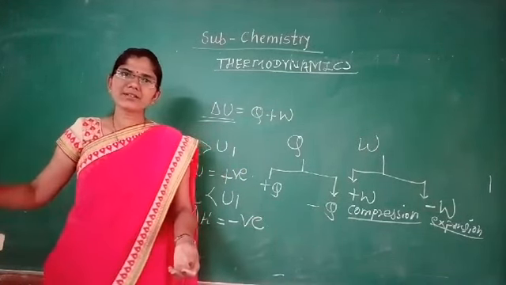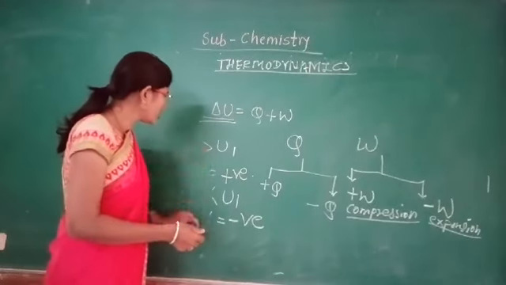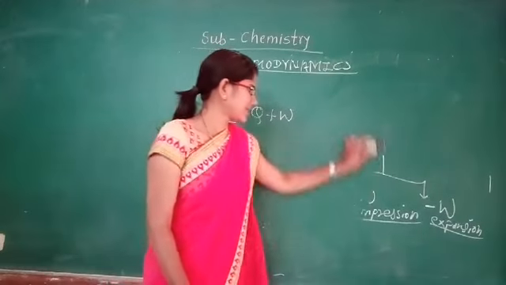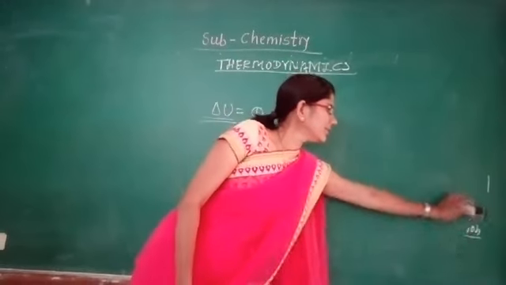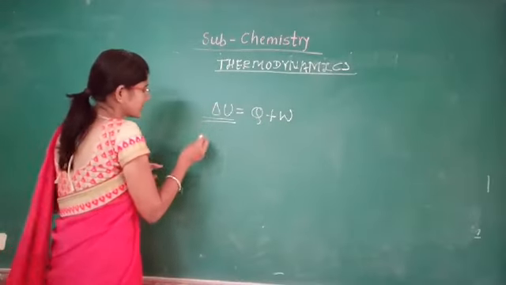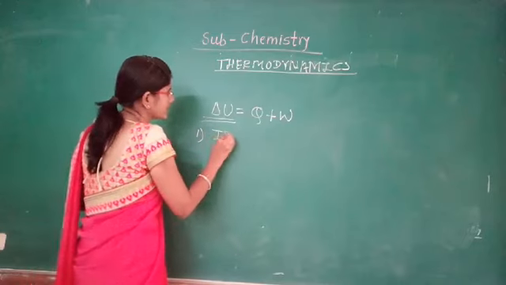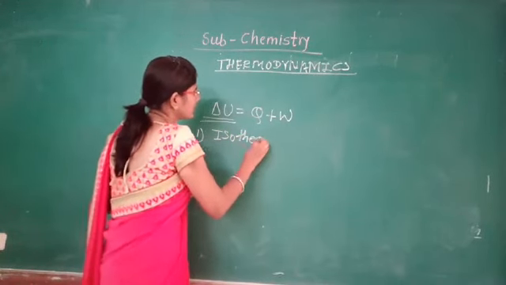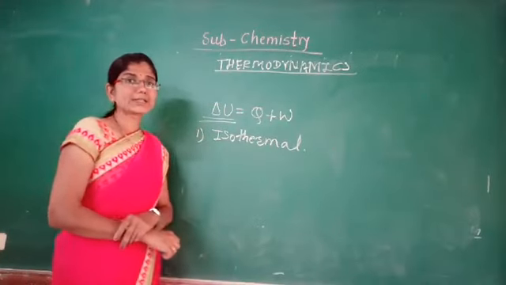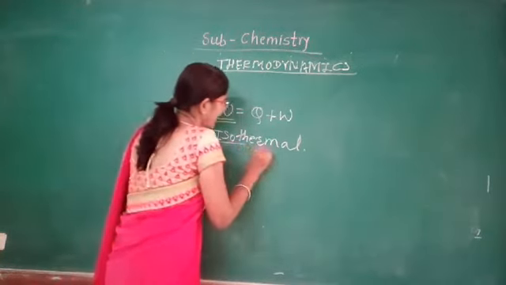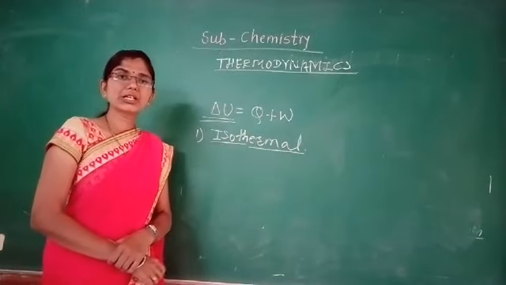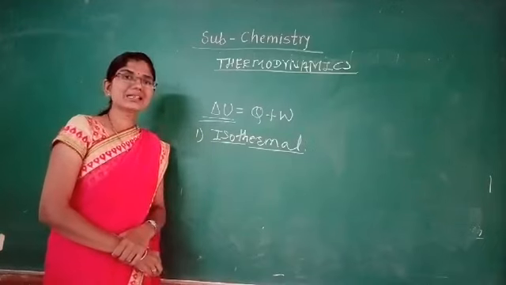Then next we have seen the first law of thermodynamics in various processes, and we know there are 4 types of processes. The first one is the isothermal process. Isothermal process is a process in which the temperature of the system remains constant.